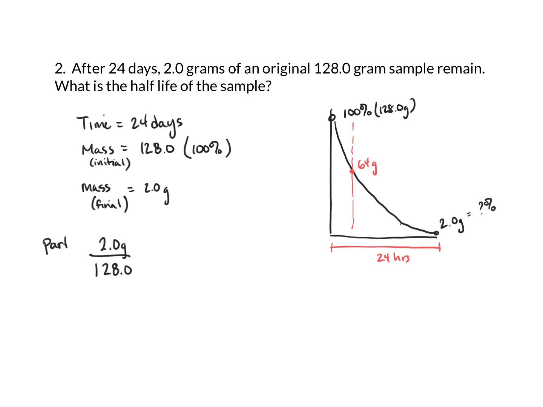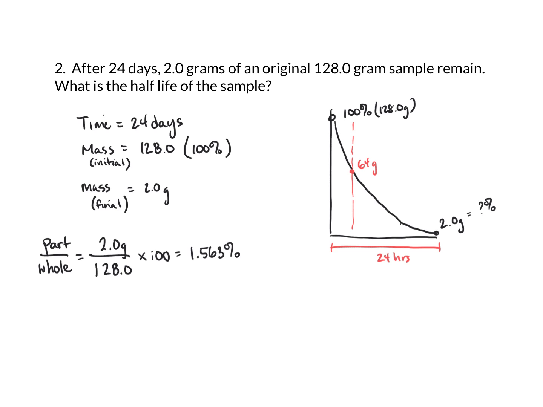Again, that's all a percentage is. Part divided by, in this case, a whole. And then we multiply that by 100, and that is going to equal 2 divided by 128 times 100 equals 1.56. Basically 3%.